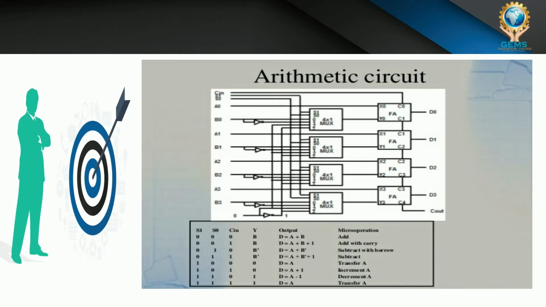I hope you understand registers, the way registers function, and micro operations. Under micro operations, we have covered one subtopic, arithmetic micro operations. In my forthcoming video lecture, I am going to talk about the remaining part of this PPT. Thank you for listening.